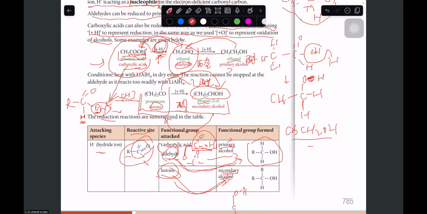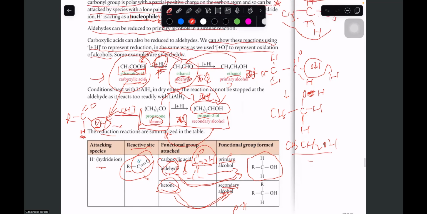Aldehyde. And the second step, if we continue to provide the hydrogen, this hydrogen will get to the second oxygen. These two bonds will break one bond, and another bond will connect with another hydrogen to produce the alcohol, OH.